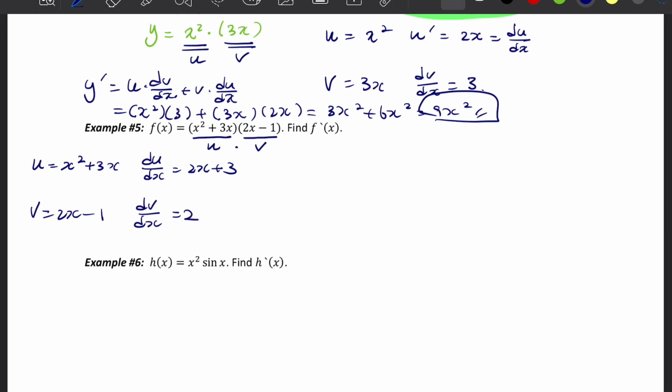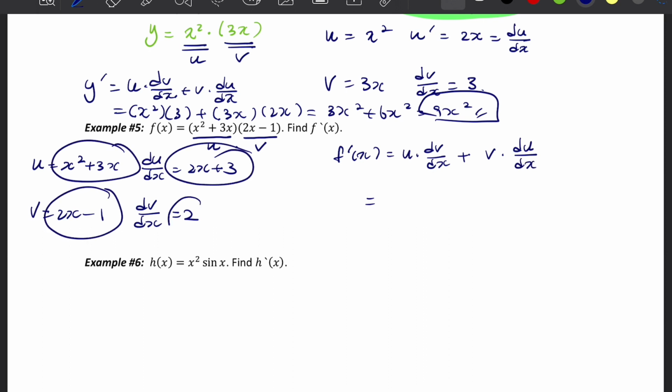Then we recombine this together. Using the product rule, f prime of x is u times dv over dx plus v times du over dx. Recombining these four gives us x squared plus 3x times 2, plus 2x minus 1 times 2x plus 3.